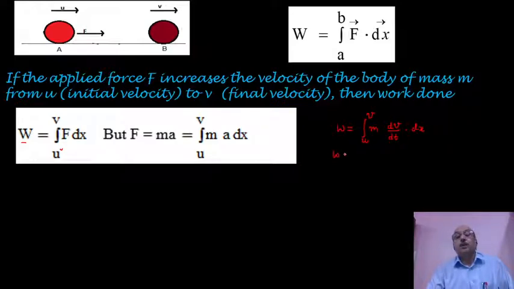Or we may say W is equal to the integral from u to v of m dv times dx by dt. The rate of change of position is dx by dt. So it is velocity.